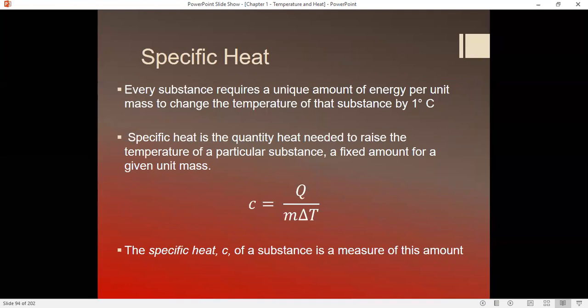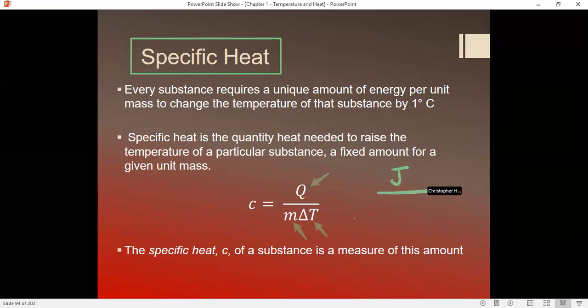All right, let's talk about specific heat. Specific heat is a very important physical quantity for materials, okay? It is a ratio of how much heat must be added to a substance for a given amount of mass and change in temperature, okay? So basically, if we're following SI units, the specific heat will be the number of joules divided by kilograms degrees Celsius.